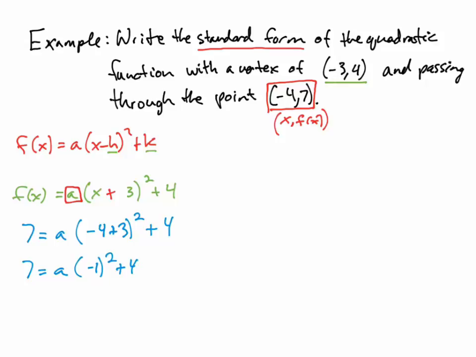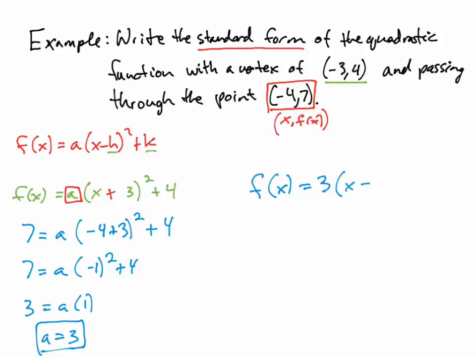Subtract the 4 and square the -1, we get 3 equals a times 1, so a is just equal to 3. So what we have here is the a value, and then we have h and k. So putting this all together, we're going to have f of x is equal to 3 times (x plus 3) squared plus 4. So that is our function in standard form.